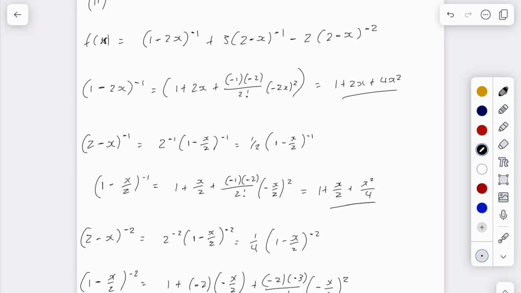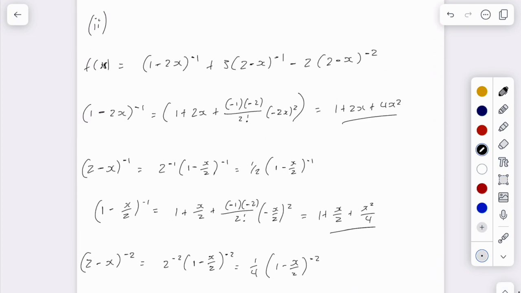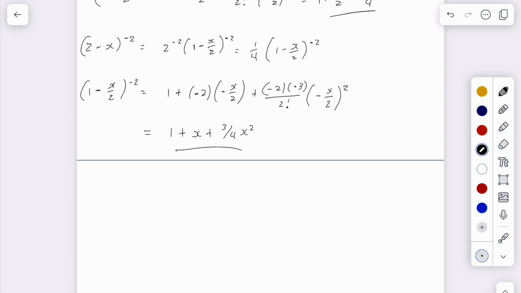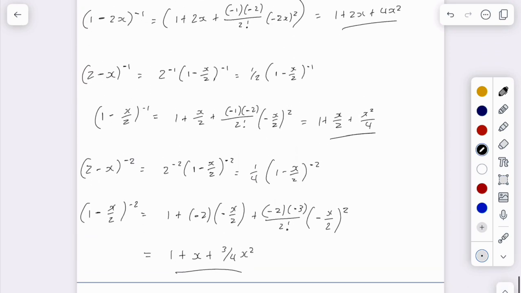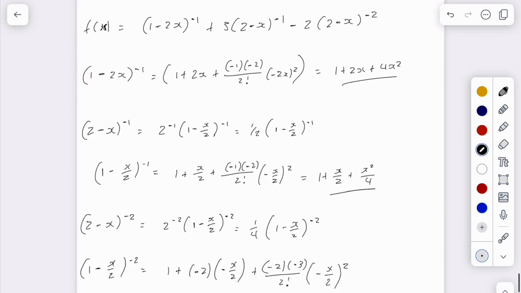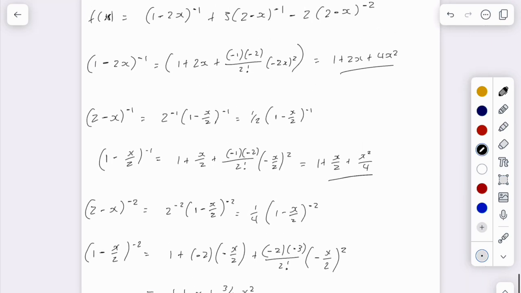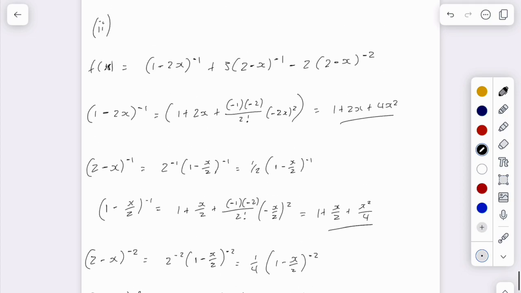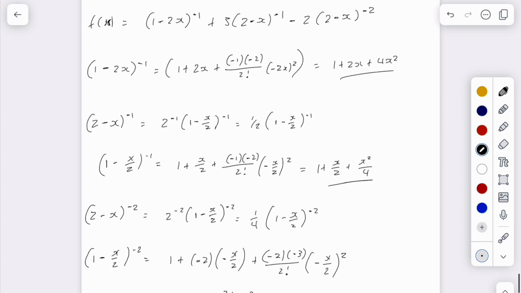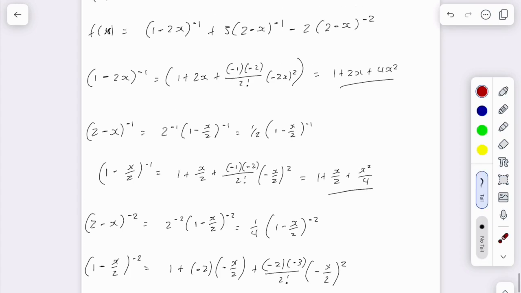Now we just have to put it all together. Okay, so what it's going to give me then is f of x. What f of x is going to give me is 1 plus 2x plus 4x squared, okay, plus 3 over 2. Okay, so 3 times 2 minus x to the power minus 1.